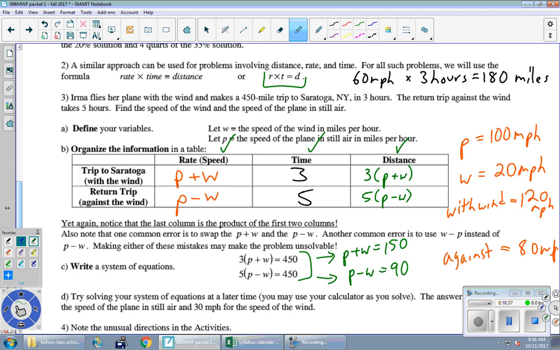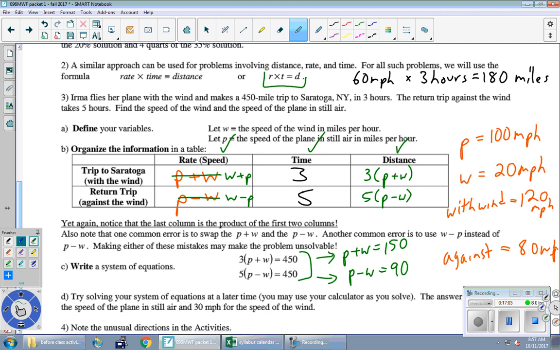Okay, 2 common mistakes I've seen with these travel problems from students. One common mistake is, suppose that instead of P plus W, we put W plus P. Is that okay or is that wrong? That's fine. Still the same value as P plus W, right? Suppose that we put W minus P. Is that okay or is that wrong? That's wrong.